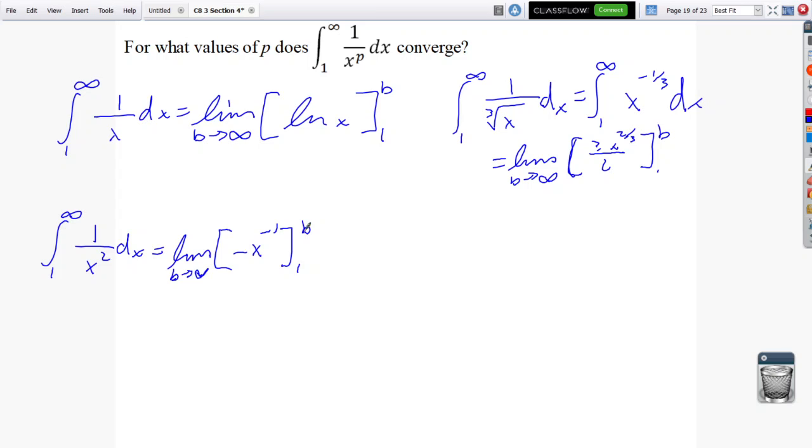So long story short, if you have the integral from 1 to infinity of 1 over x to the pth dx, you can save yourself a lot of work just by looking at what the p is. If p is less than or equal to 1, that means the integral diverges.